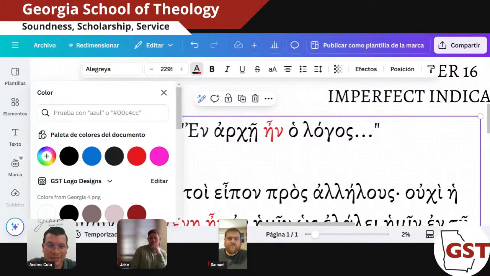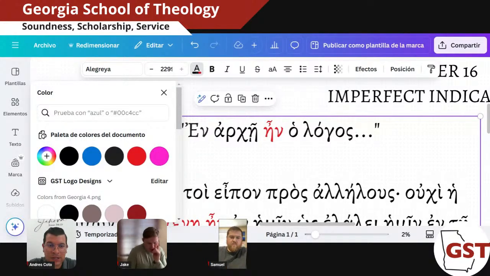The first one would just be the word "in," a preposition. I mis-highlighted it. The right one would be the second one. What verb is it? It is "was," een, right? That's een in the imperfect indicative.